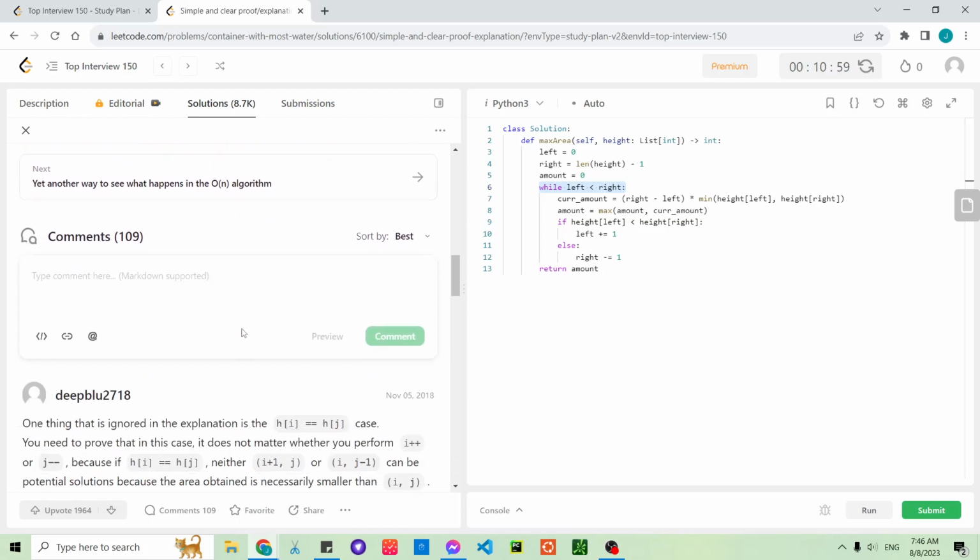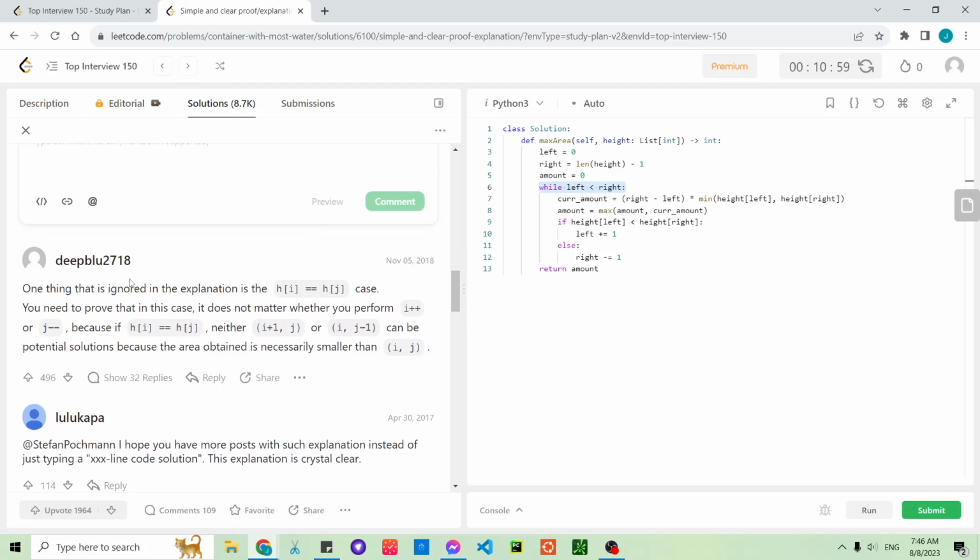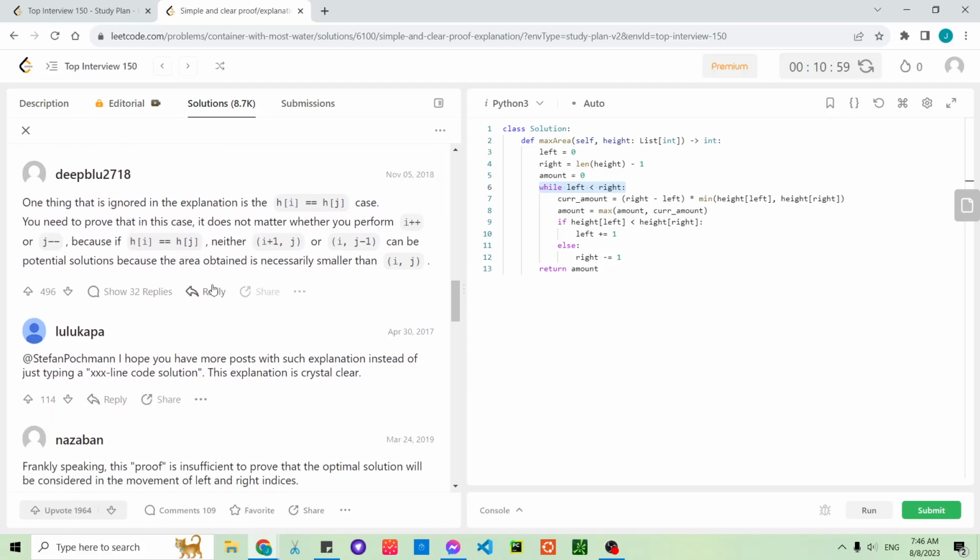Exactly, we are looking for this. You need to prove that in this case, it doesn't matter whether you do left or right because, wait, let's see.